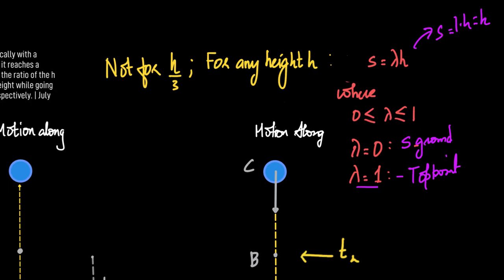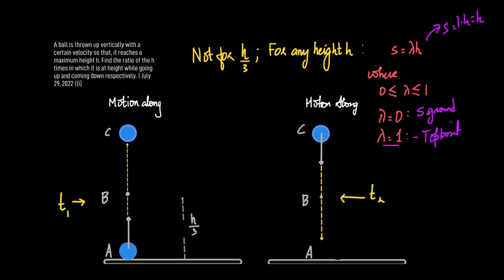Okay? Now, motion along A to C through B, motion along C to A through B. B is at a point such that it is at a height h by 3 from the ground, which is seen in the motion at two different times, t1 and t2.